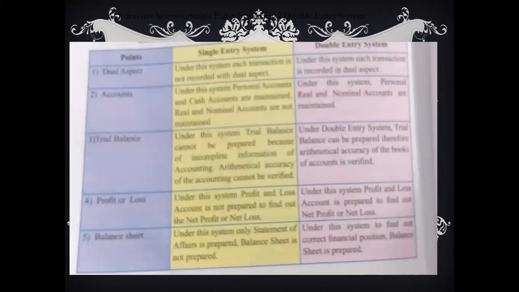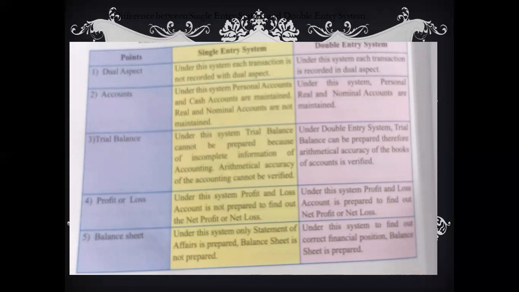Turning to differences between single entry and double entry system. First point, dual aspect. Under single entry system, each transaction is not recorded with dual aspect, and in double entry system, each transaction is recorded in dual aspect.